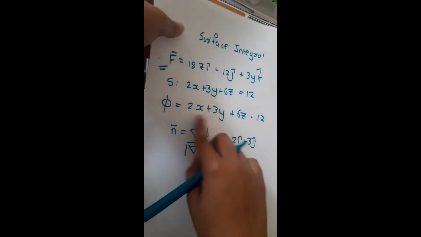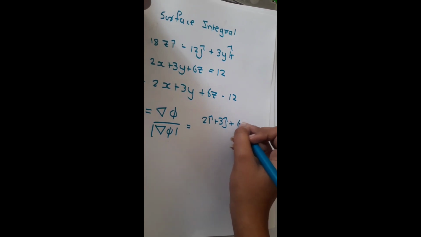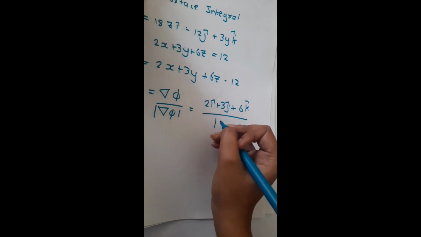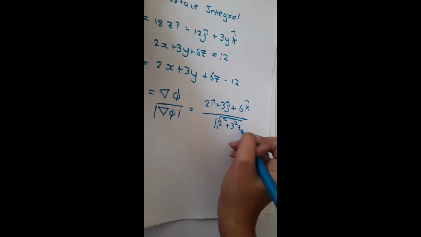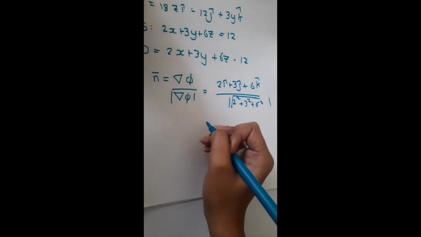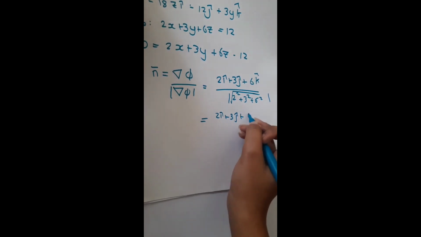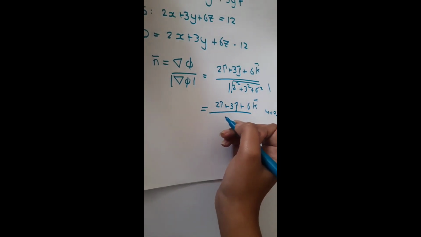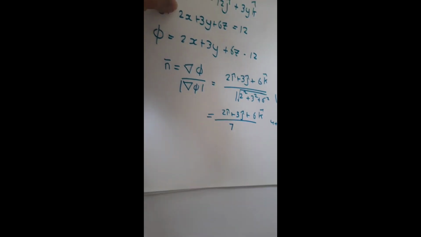So it will be 2i cap plus 3j cap plus 6k cap, upon the modulus of this whole thing. What would be the modulus? Under root 2 squared plus 3 squared plus 6 squared. So it would be 2i cap plus 3j cap plus 6k cap upon the square root of 4 plus 9 plus 36, which is 7.